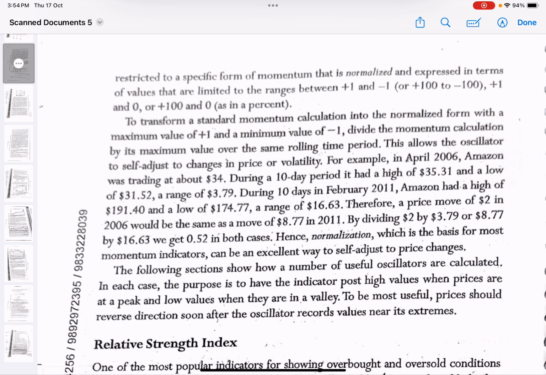To transform a standard momentum calculation into the normalized form with a maximum value of plus 1 and a minimum value of minus 1, divide the momentum calculation by its maximum value over the same rolling period.